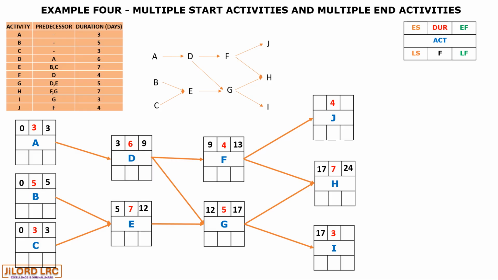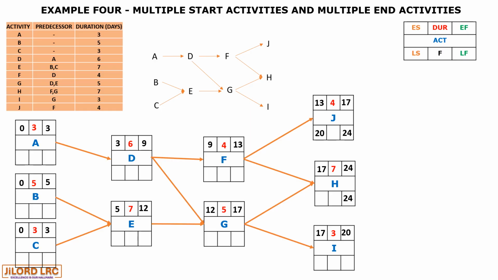For activity H, we pick the highest, which is 17, going as its early start and 24 being its early finish. And we do that for I, 17 going to I and 20 being its early finish. And for J, 13 goes, 13 plus 4, 17.